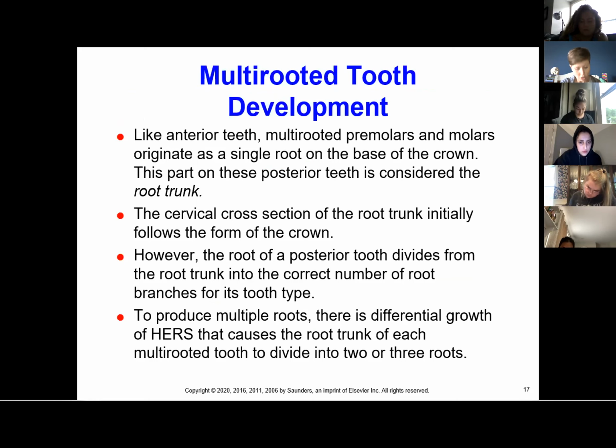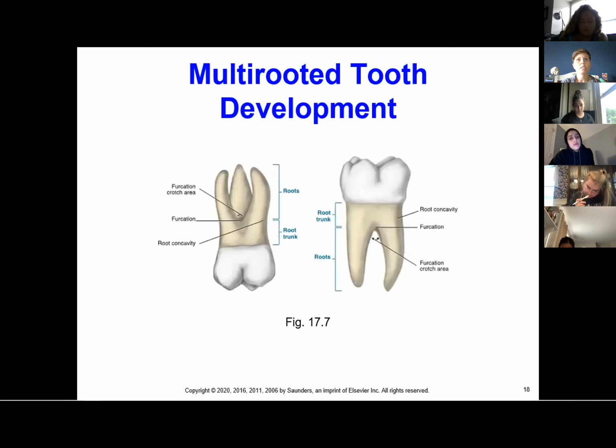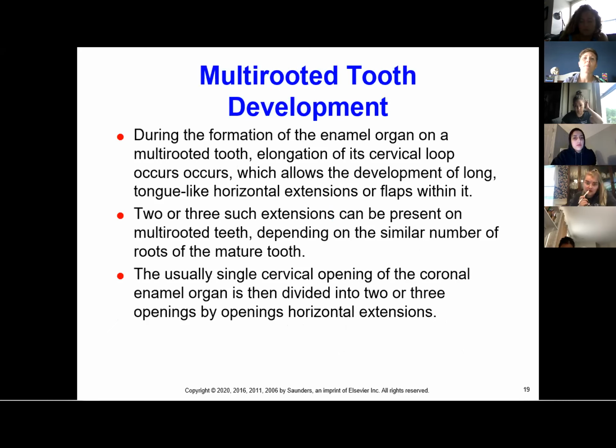So during the formation of the enamel organ on a multi-rooted tooth, elongation of the cervical loop occurs, which allows the development of the long tongue-like horizontal extensions or flaps within it.